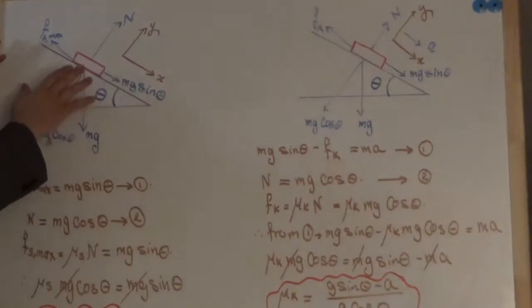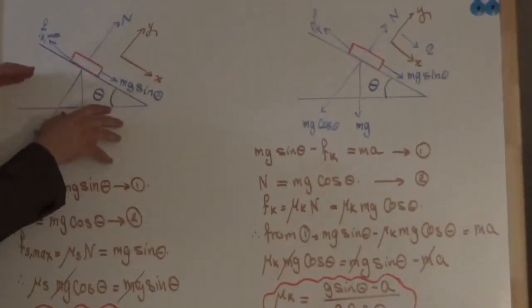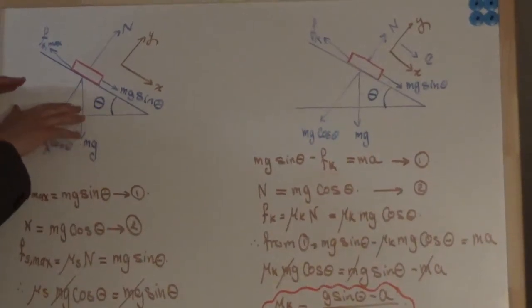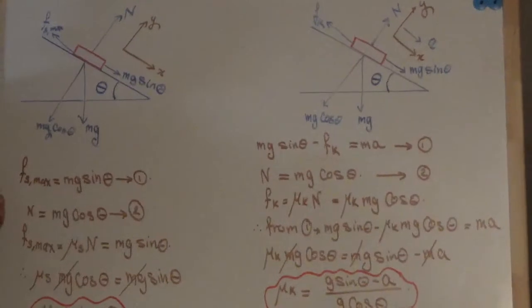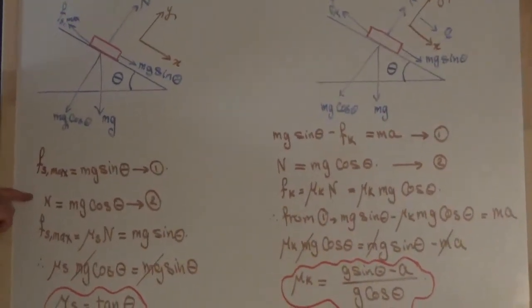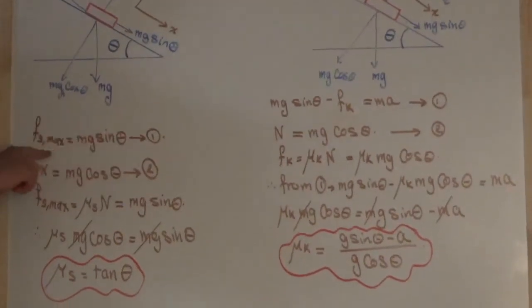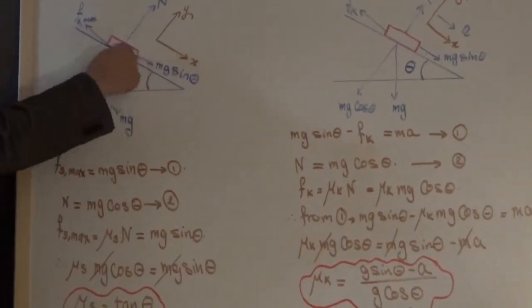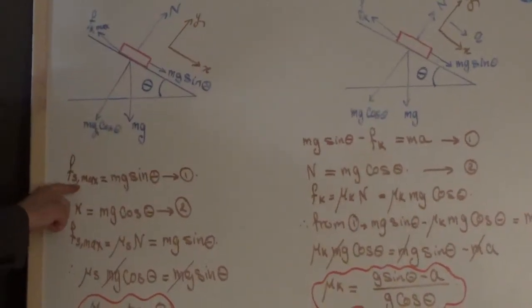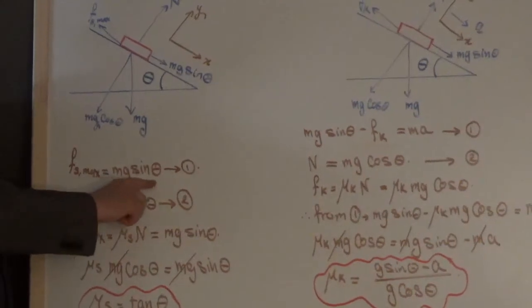Now this object is about to move, so it is not moving right now, it is about to move. That means we can use Newton's law and create those two equations. Equation number one, along this x-axis, we have max static frictional force is equal to mg sine theta.